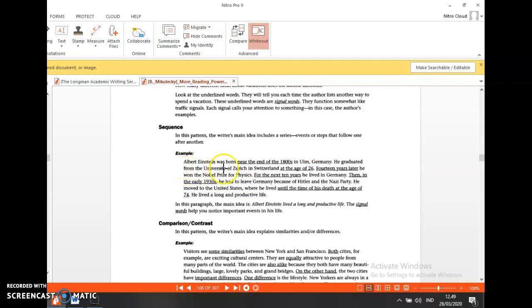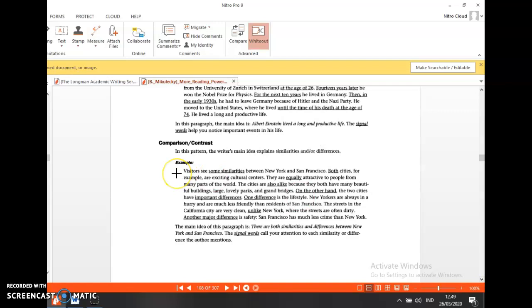For example, Albert Einstein was born near the end of blah blah blah. 14 years later, for the next 10 years, then until the time blah blah blah. The signal words here are timing words, to note that an event happened. And then the next pattern is comparison or contrast. In comparison or contrast, a paragraph can have similarities only, differences only, or both.